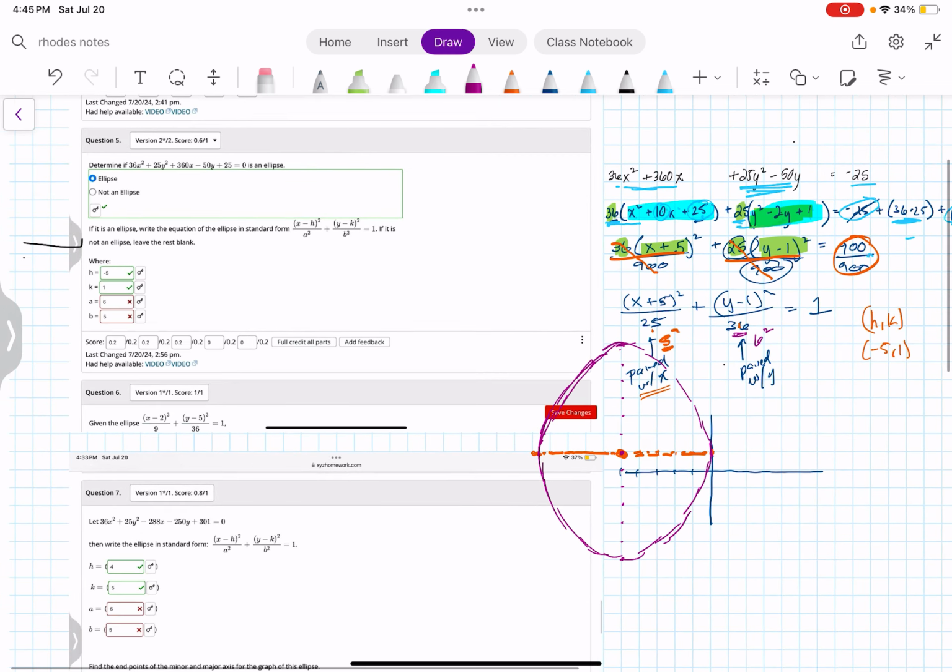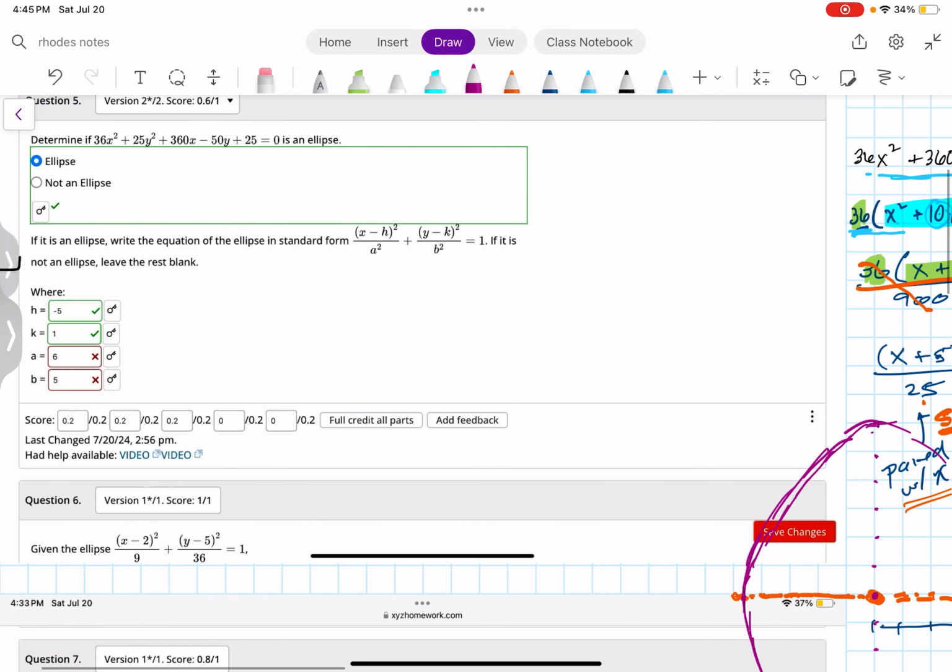So now, coming back over here, it says if it is an ellipse, write the equation of the ellipse in standard form: x minus h squared over a squared plus y minus k squared over b squared. Okay, you got h and k correct. Now it wants a. Well, a right here, you see it's the value that is stuck with x in the format.